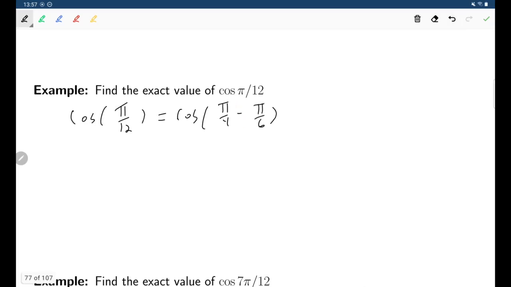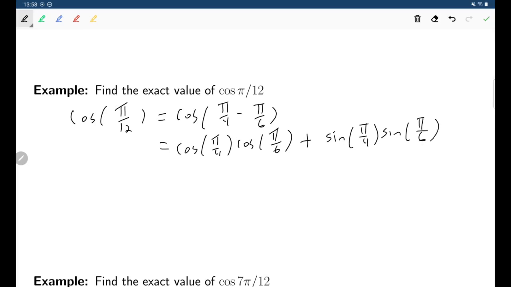And now I can just use the cosine difference identity. Cosine of one angle minus another is cosine of the first angle times cosine of the second plus sine of the first angle times sine of the second.